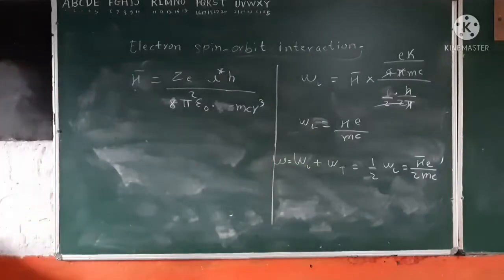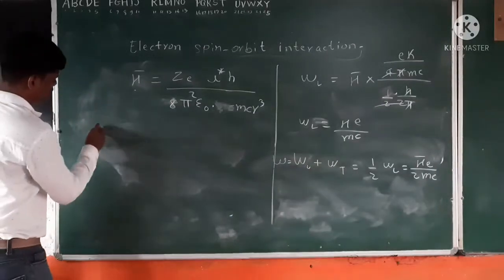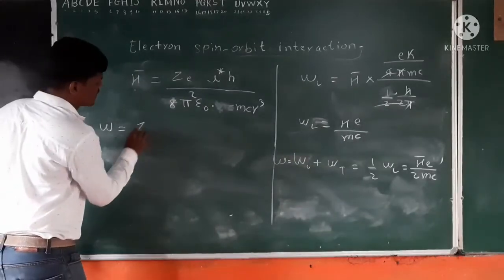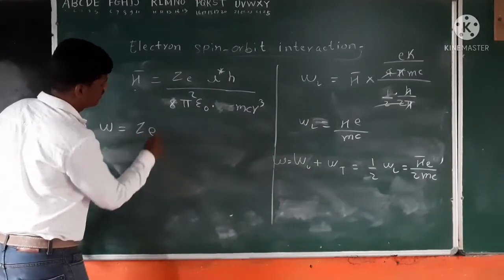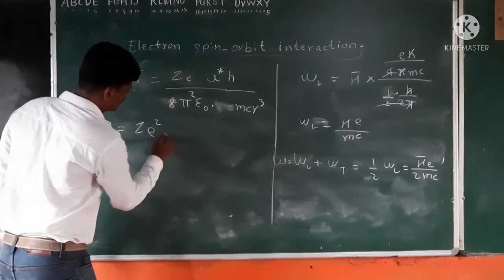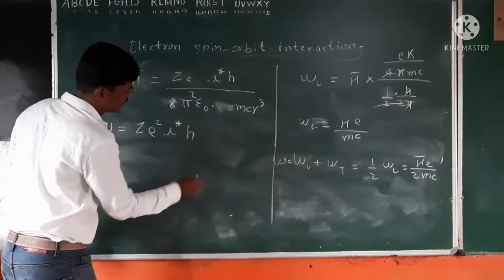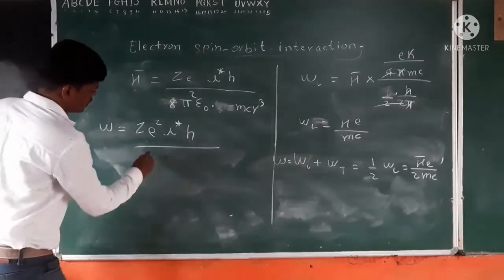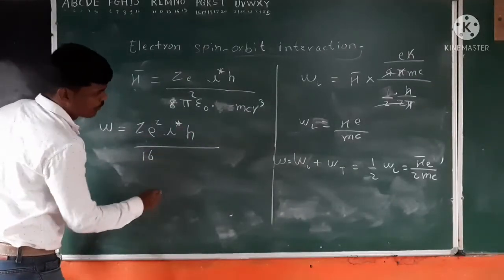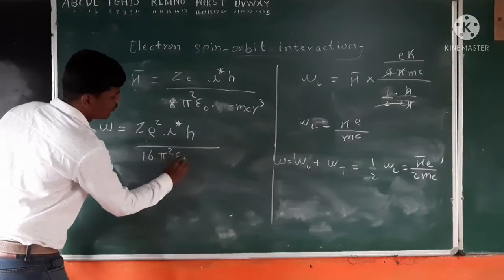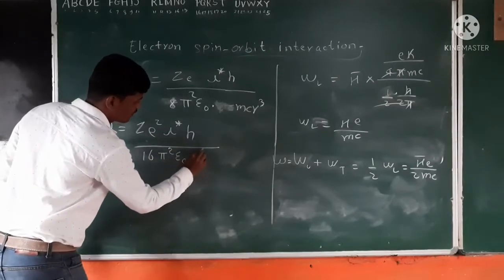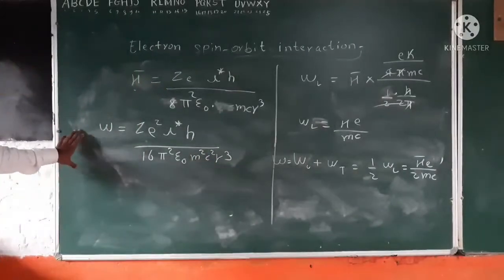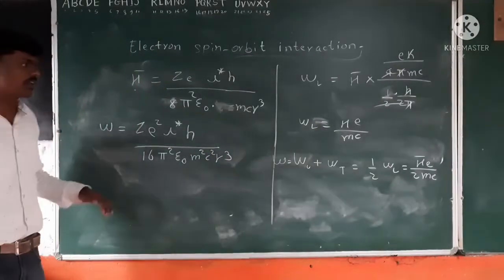Let's see what happens with omega: h bar Z e, there is another e, so e square L star H by, here we have 8 into 2, that will be 16 pi square epsilon naught m square c square r cube. So this is the Larmor precessional velocity.